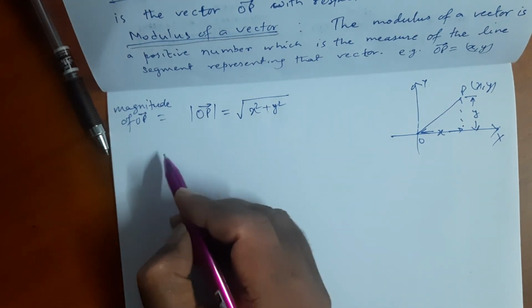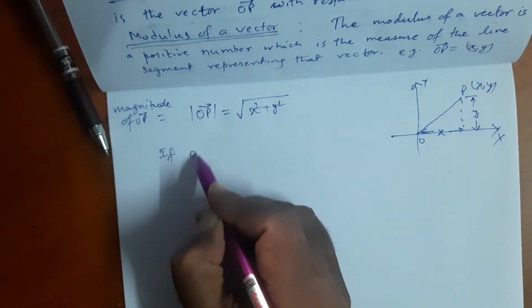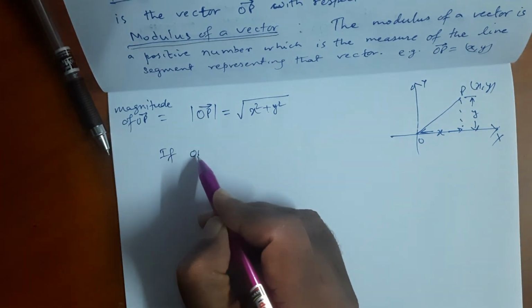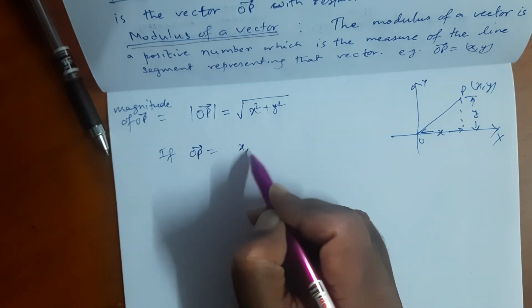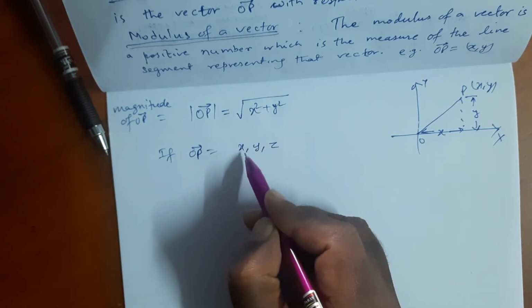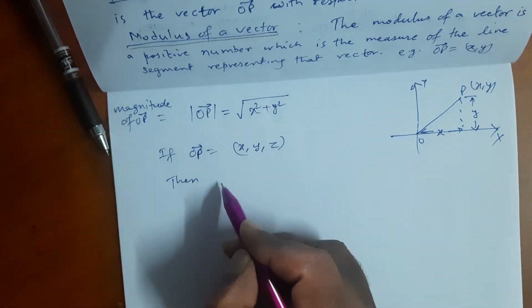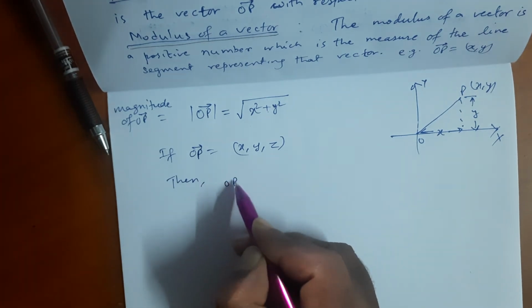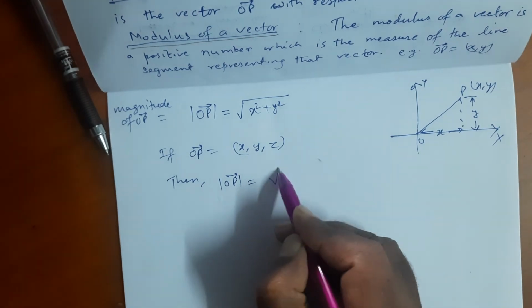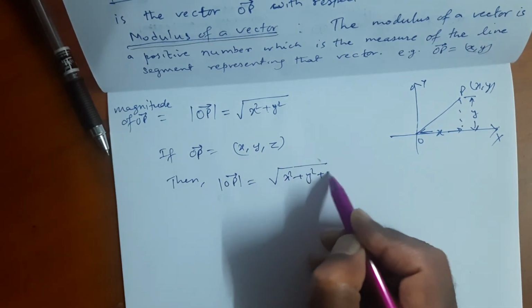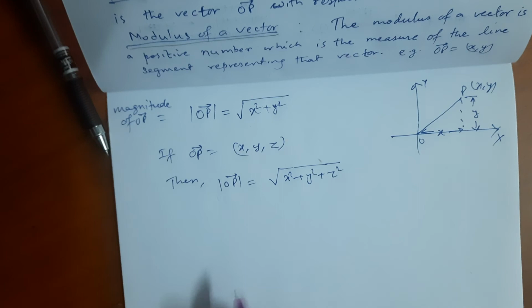Similarly, if vector OP equals (x, y, z), that is a space vector, then the magnitude or modulus of vector OP will be the square root of x square plus y square plus z square.